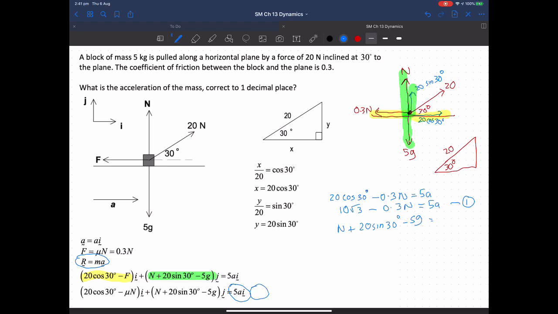Well, the j component, there is none, so it equals 0. So let's see what we can do here. We have N plus sine of 30 degrees is a half. 20 times a half is 10. Minus 5g. g is 9.8. 5 times 9.8 is 49. So we've got minus 49 equals 0.